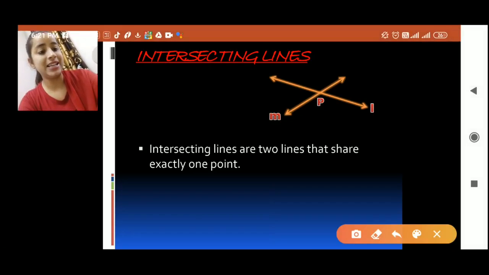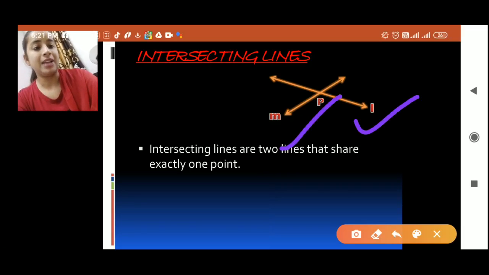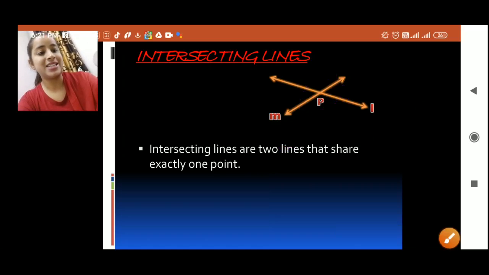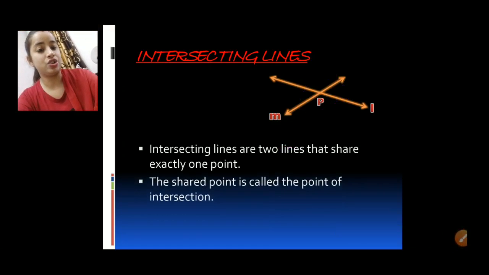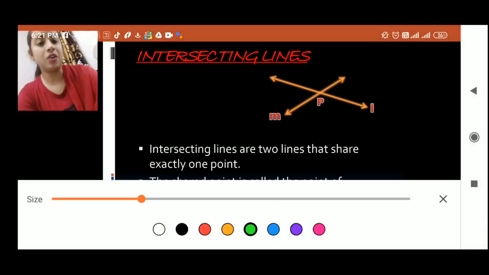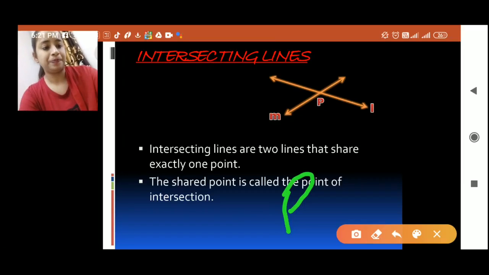Here you can see there are two lines L and M, and these two lines are sharing one common point, which is P. So these lines are known as intersecting lines as they are sharing one point, and the shared point is called the point of intersection. Here the point of intersection is point P.